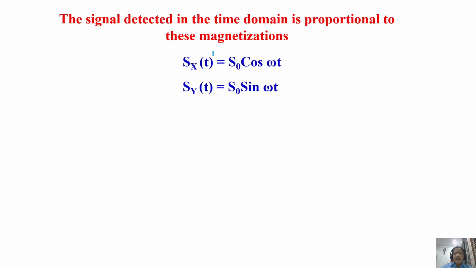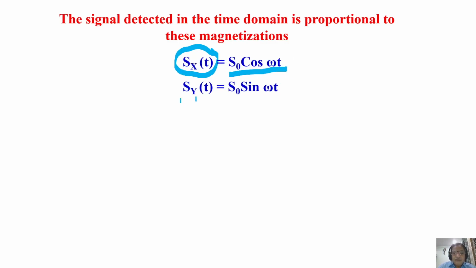Let us say Sx is the signal in the x-axis. I call it S naught cos omega t. M naught was the total magnetization. Now I am taking the signal in the time domain, Sx of t corresponds to S naught into cos of omega t.